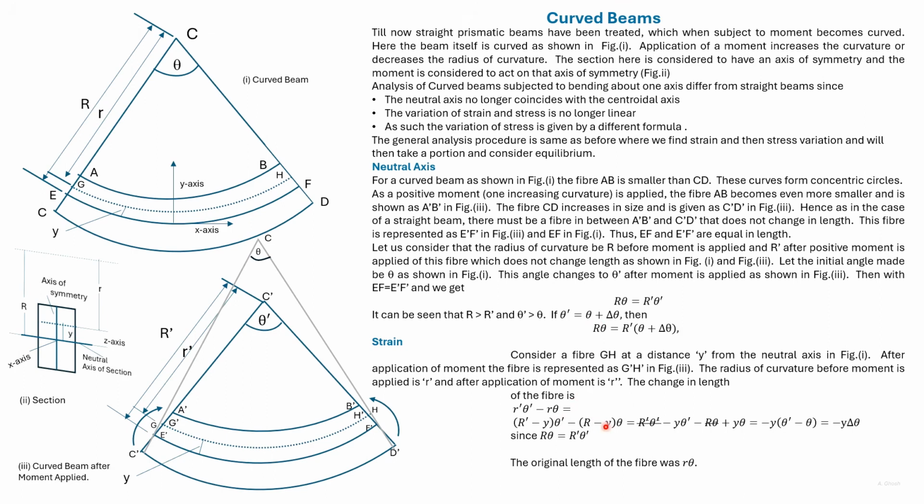We expand and get r dash theta dash and r theta among the terms, but r dash theta dash is equal to r theta. Cancelling, we get the change in length as minus y delta theta.